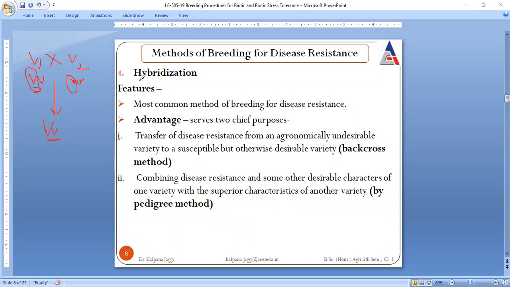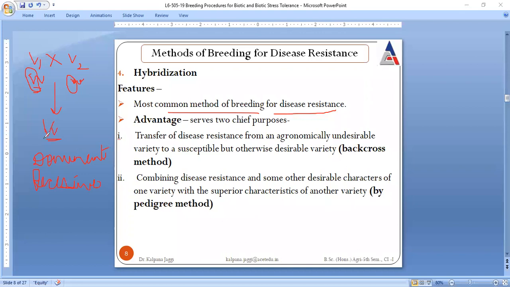This is what basically we know about hybridization, and it is a very common method of breeding for disease resistance, because we know the genes consist of alleles, and alleles can be either dominant or recessive.